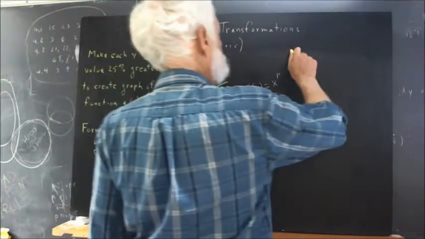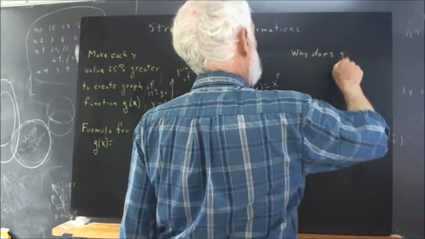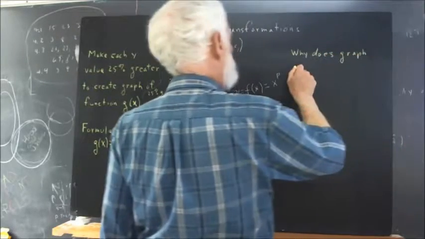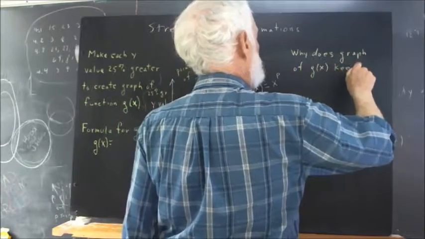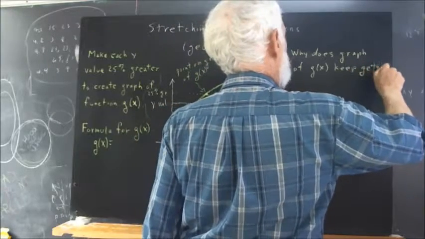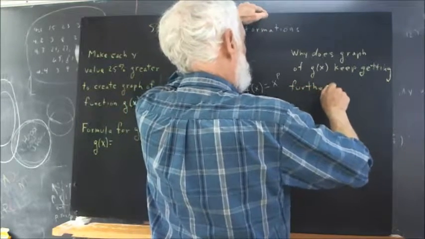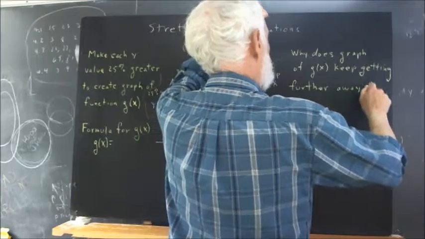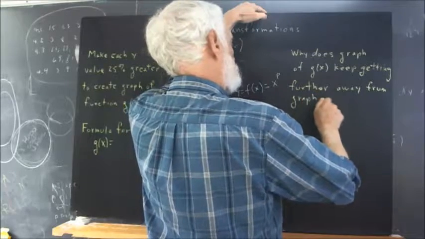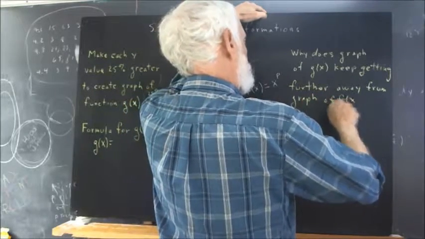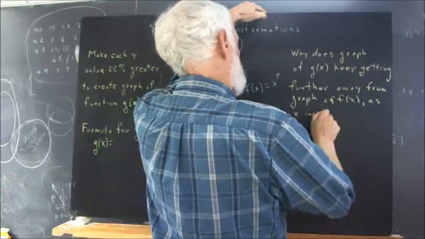So why does the graph of g of x keep getting further away from the graph of f of x as x increases?